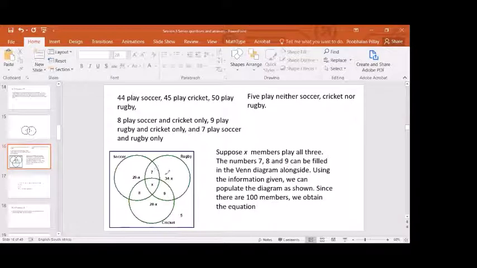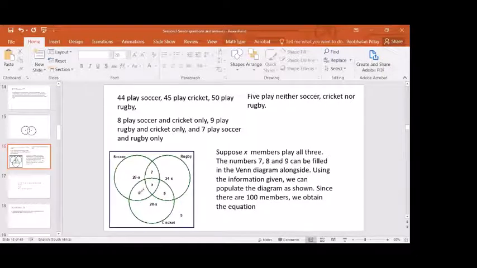All right. Now, it is given here that 8 plays soccer and cricket only. So you've got soccer and cricket, and here you've got this part. Those are the people who play soccer and cricket, but they play soccer and cricket only. So they don't play rugby. They're inside here, but they're not inside here. That's why I put an 8 here.